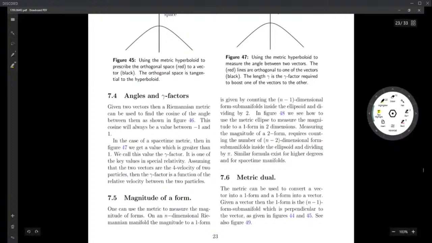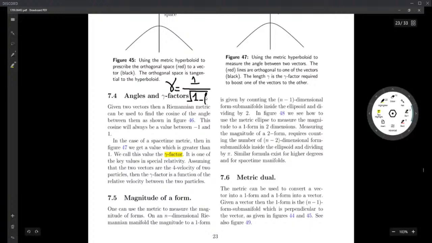Usually the cosine lies between -1 and 1, but in Minkowski space, it can go above 1. This is what we call the gamma factor, which is a very fancy way of denoting the Lorentz transform, which is basically 1 by the square root of 1 minus b squared for the one-dimensional case, right?